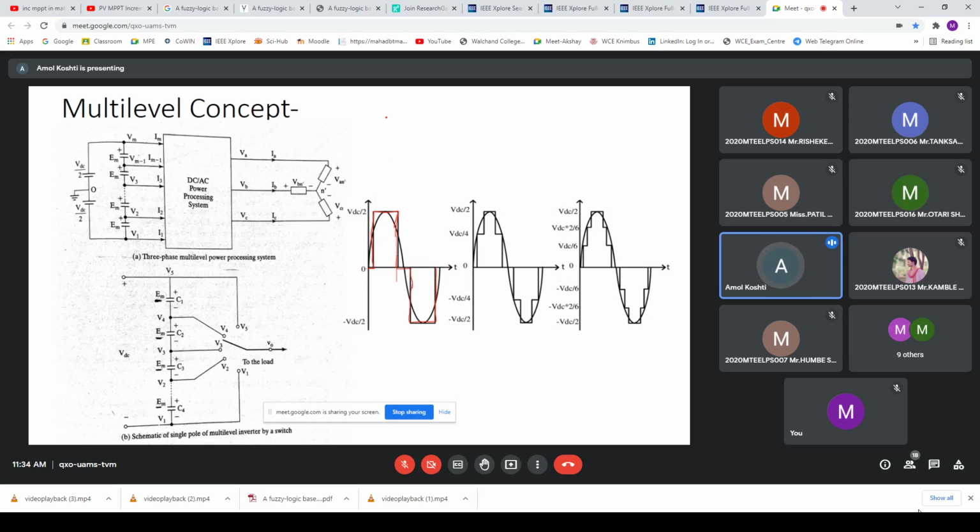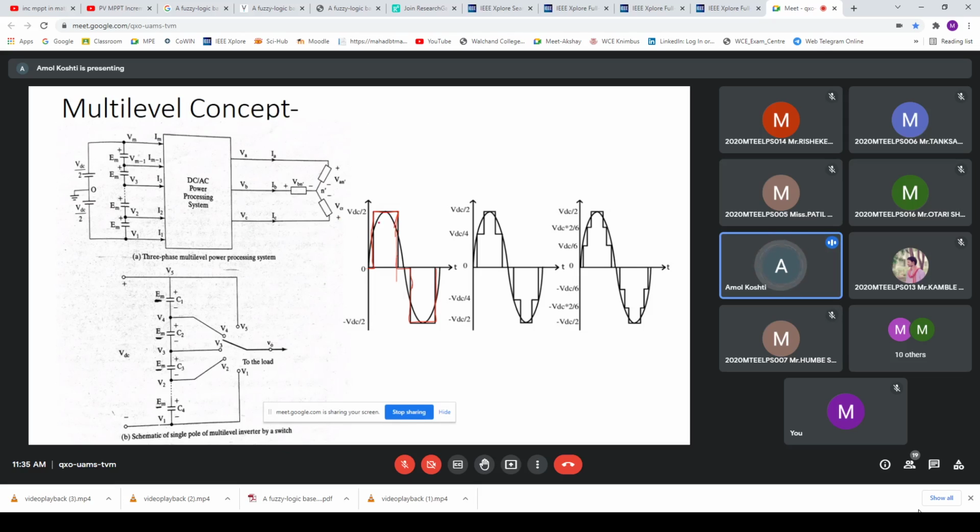Normally in a two-level inverter, if you refer to the single phase inverter, we use two switches for half bridge, and four switches for full bridge single phase inverter.